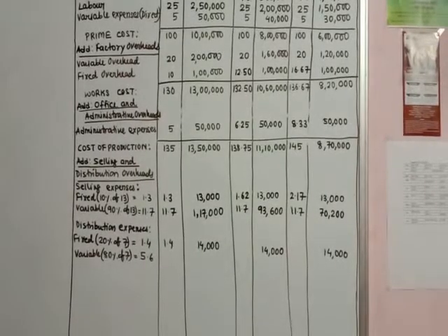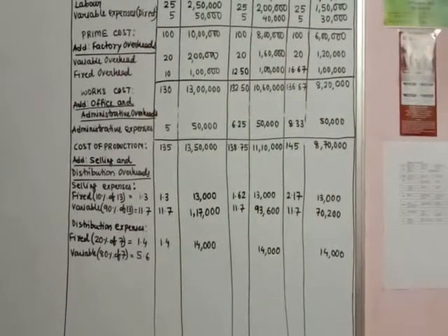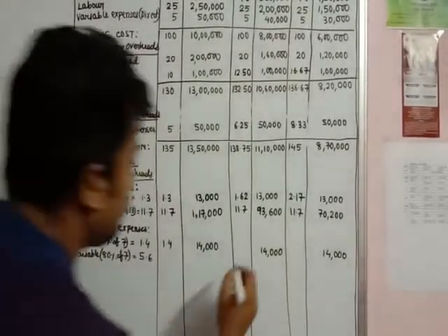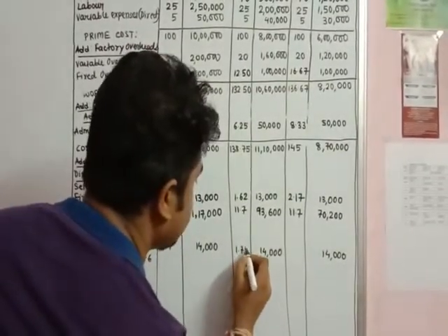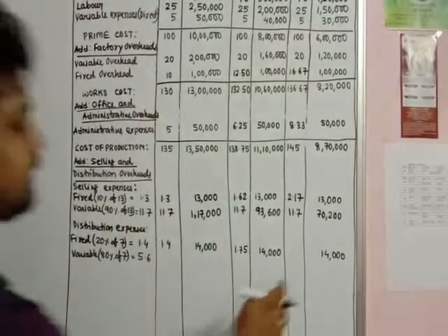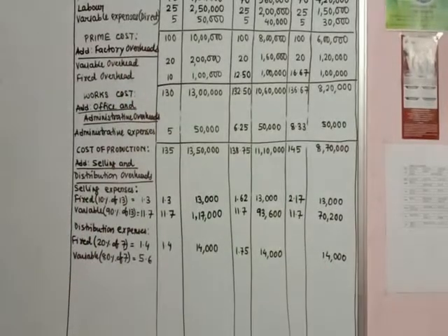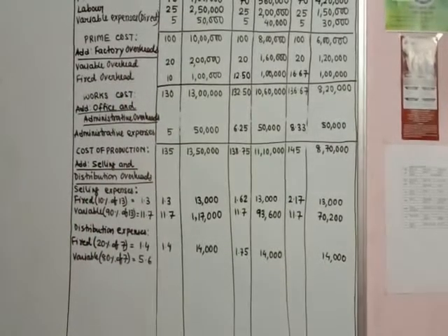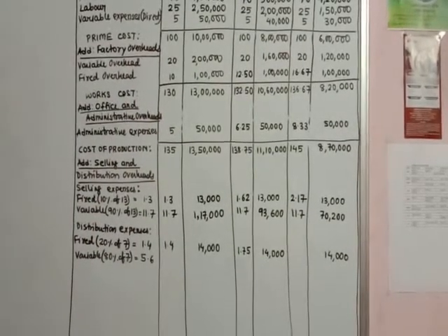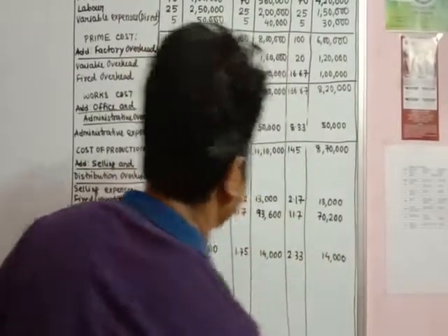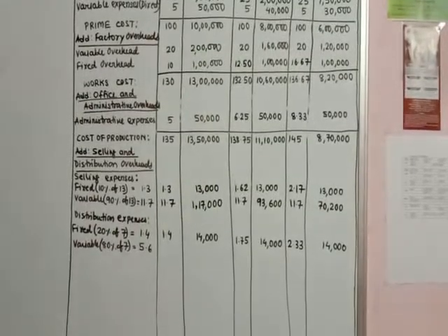In the case of 8,000 units, you have 14,000 as total cost divided by 8,000, and you get 1.75. In the next case, 14,000 divided by 6,000 gives you 2.33 as the cost per unit. So this is the fixed part.